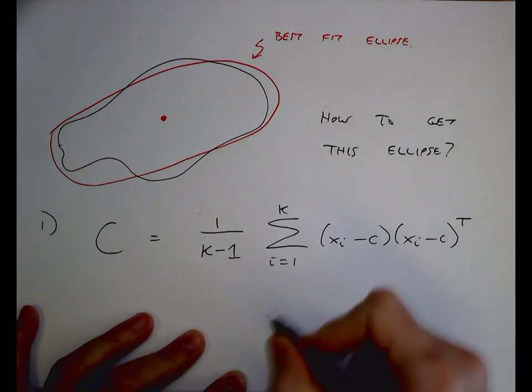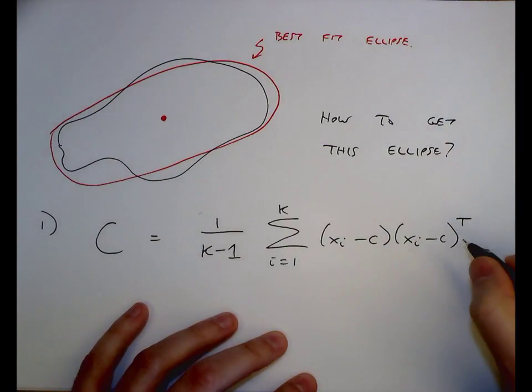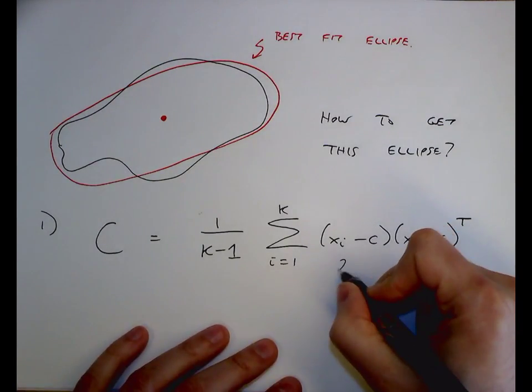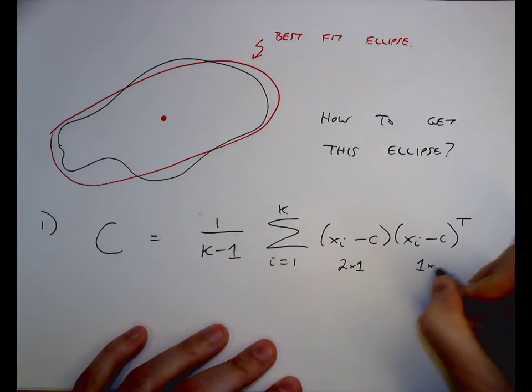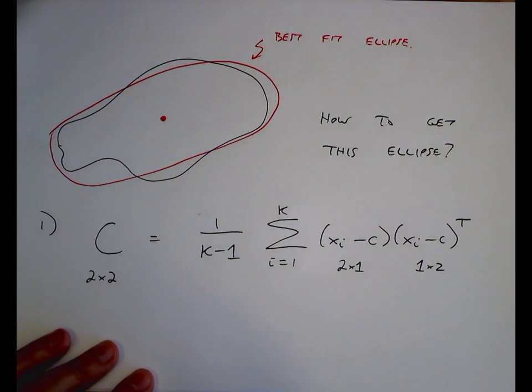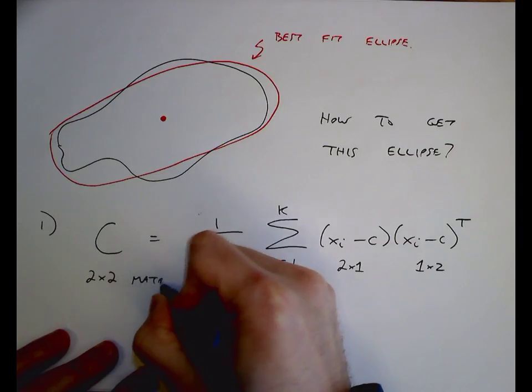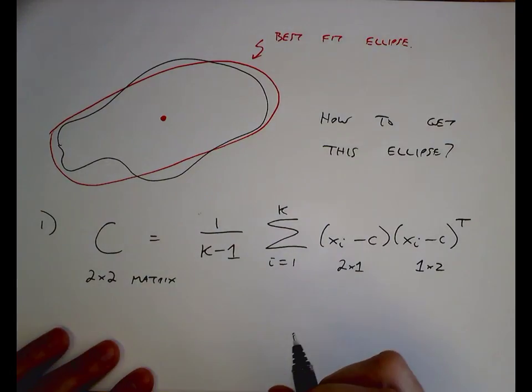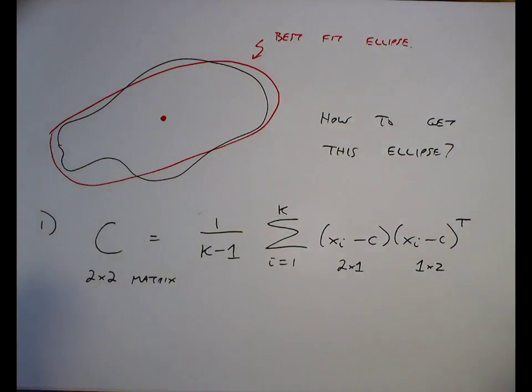So this is a 2 by 1 vector, this is a 1 by 2 vector, so this whole thing is going to be a 2 by 2 matrix, right? Very similar to how you compute the sample covariance of a bunch of samples from a distribution.